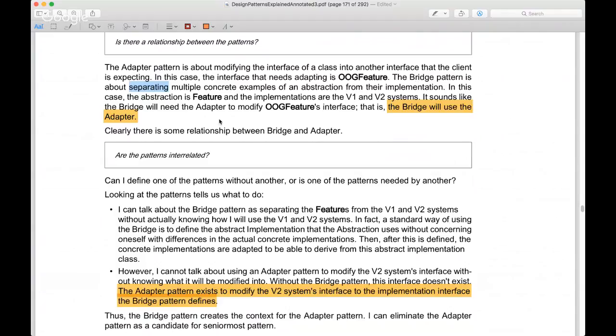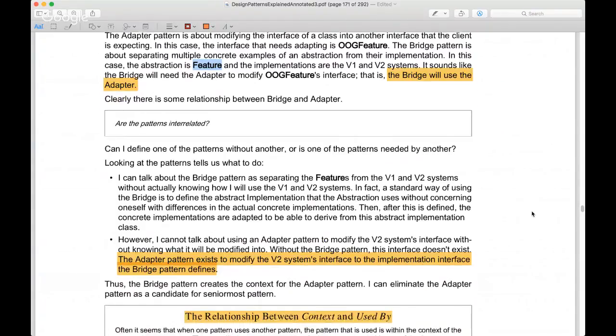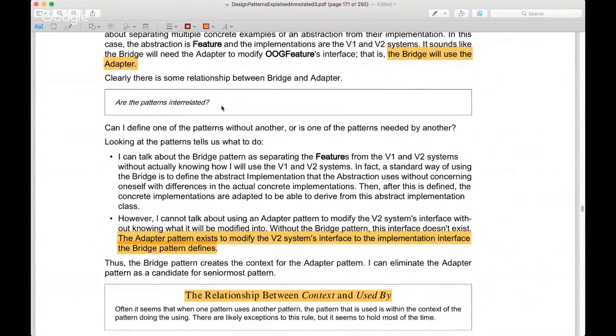So in this case, the abstraction is feature, and the implementations are version 1, version 2. We have multiple implementations for the feature. By golly, the bridge will use the adapter. There's some relationship between bridge and adapter. Are the patterns interrelated? Meaning, can I define one of the patterns without another, or is one of the patterns needed by another?